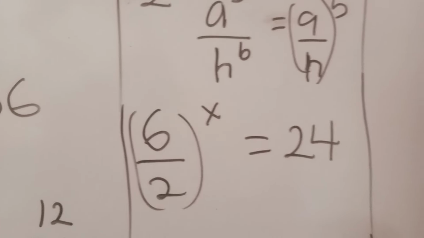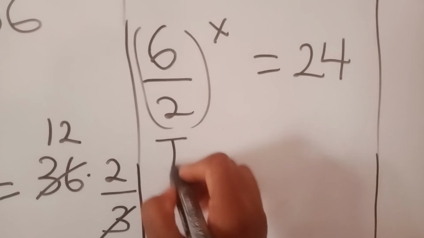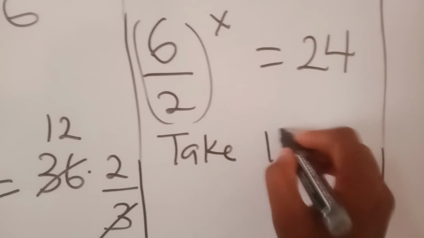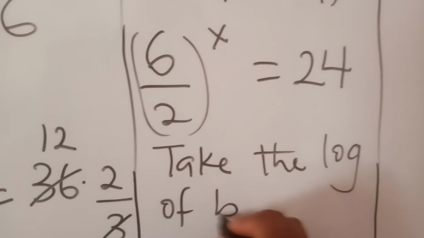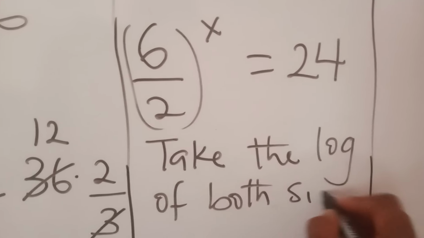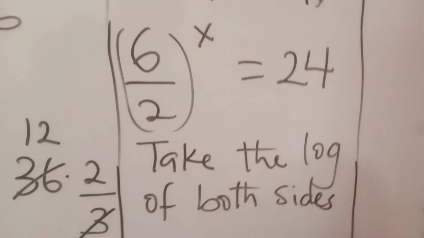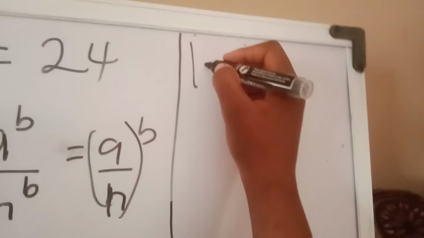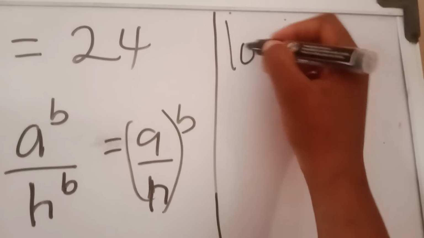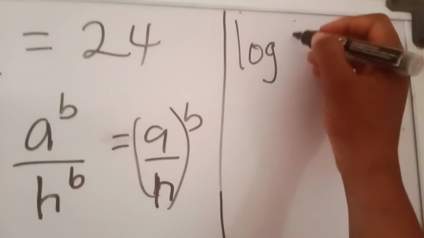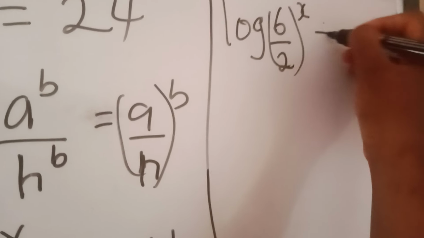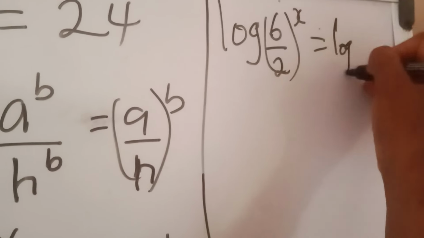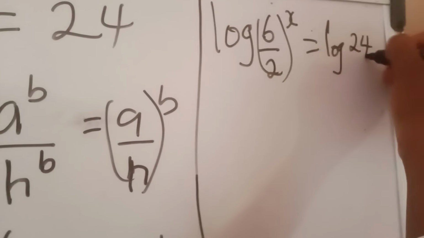Now next thing we're going to do is to take the log of both sides. So in doing that, we have log 6 over 2 all to the power of x equals log 24.